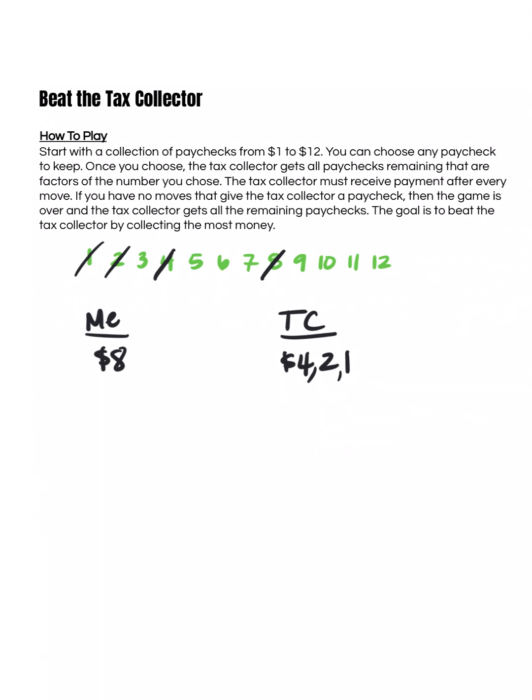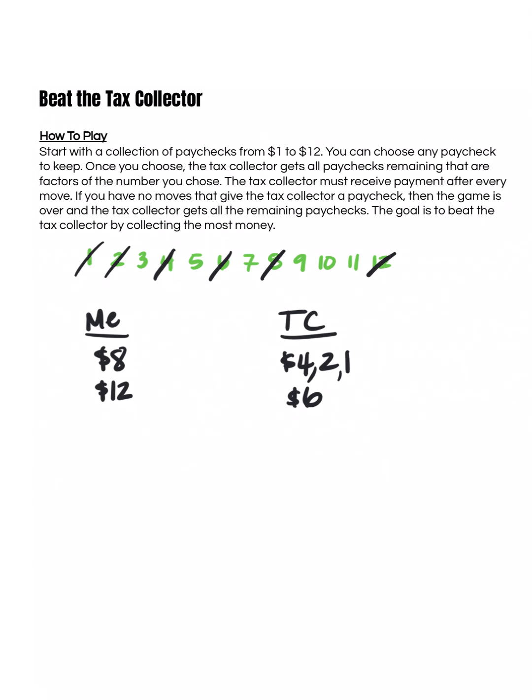Okay, so maybe I'll take the number 12. And I know I can still take that one because there's a 6 left, which is a factor of 12. So the tax collector, with the remaining choices, will collect the 6, since 6 is a factor of 12 and the only one left.